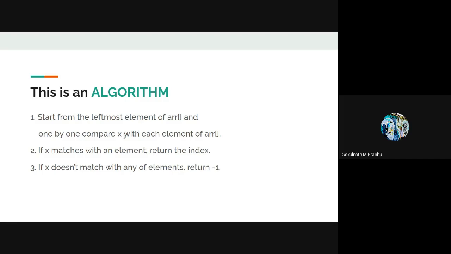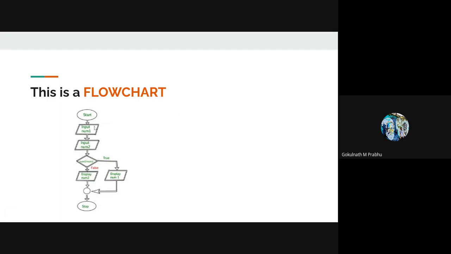We can't understand it so easily. But in this one, it's much easier. We just start from here, then we input a number from the user, then we input another number. Things like that are easily understandable, right?